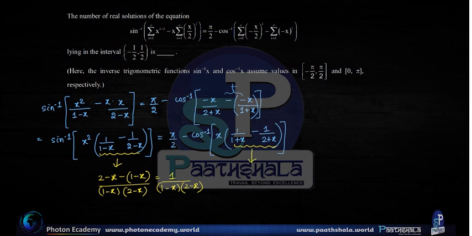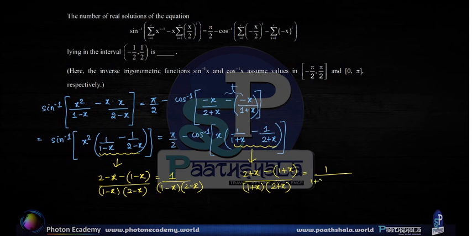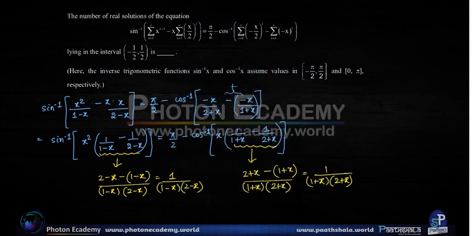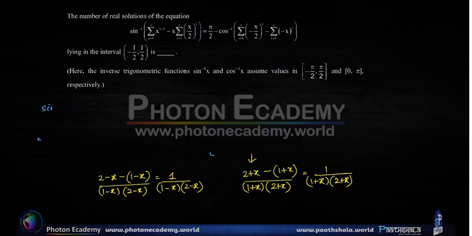And this term here is 1 plus x into 2 plus x, and in the numerator we have 2 plus x minus of 1 plus x, which is equal to 1 divided by 1 plus x into 2 plus x. So the summation simplifies as, we'll write the first term here.